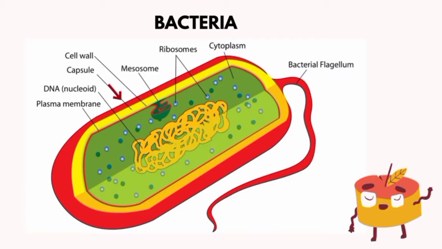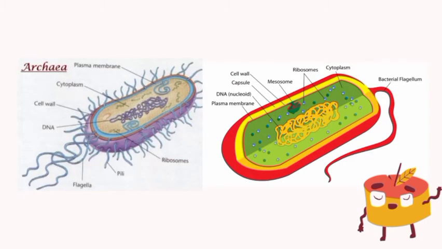Pili are hair-like structures on the surface of the cell that attach to other bacterial cells or surfaces. The composition of the cell wall depends on whether the cell is an archaeon or a bacterium, but basically it consists of complex polysaccharides.